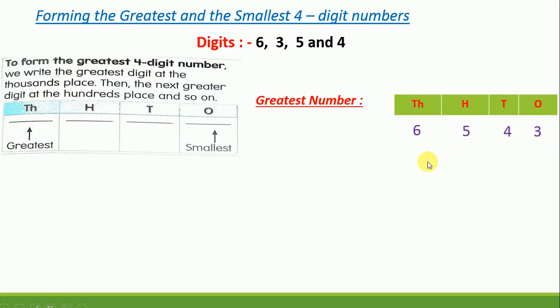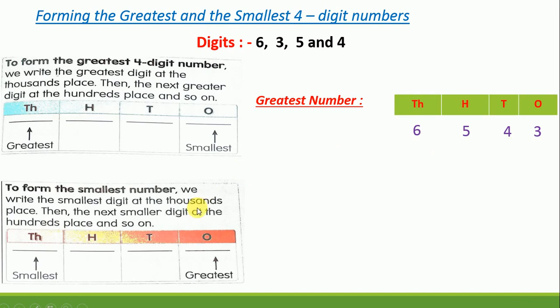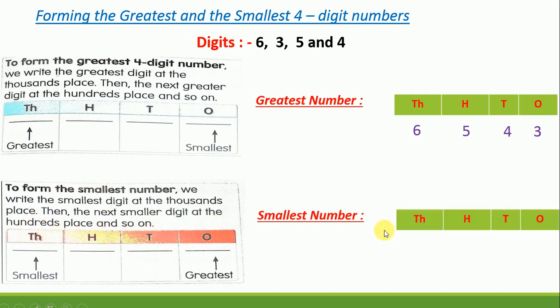So let us find the smallest number. To find the smallest number, the smallest digit should be placed in the thousands place, and then the next digit at the hundreds place, and so on. Let us see how to make it. So again look at the digits which are given for us.